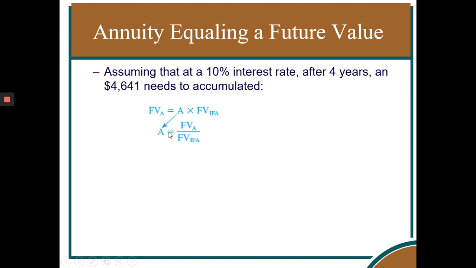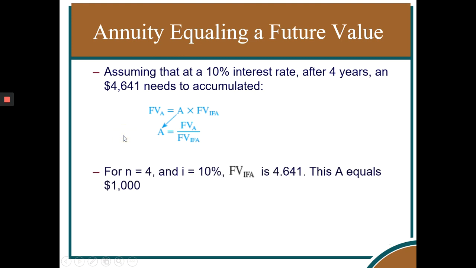Then you can calculate the annuity, which is the future value annuity divided by the future value annuity interest factor, which will give you the value of the annuity: how much you need to invest for the next 4 years in order to get 4,641. The answer would be 1,000.